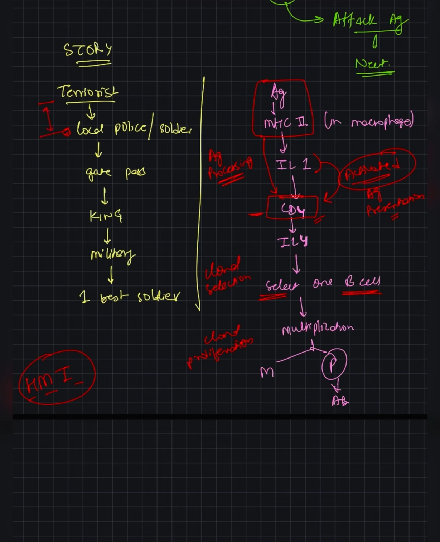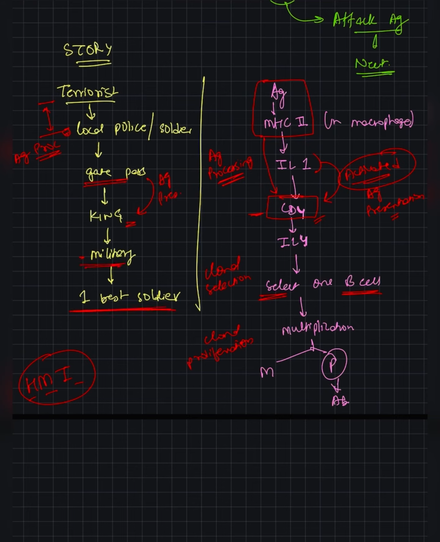The process of going to the king is antigen processing. The gate pass: after looking at the gate pass, the king gets alert. It gets activated. This process is known as antigen presentation. After presenting, the king talks to its military that now you have to do something. Then the military selects its best soldier.